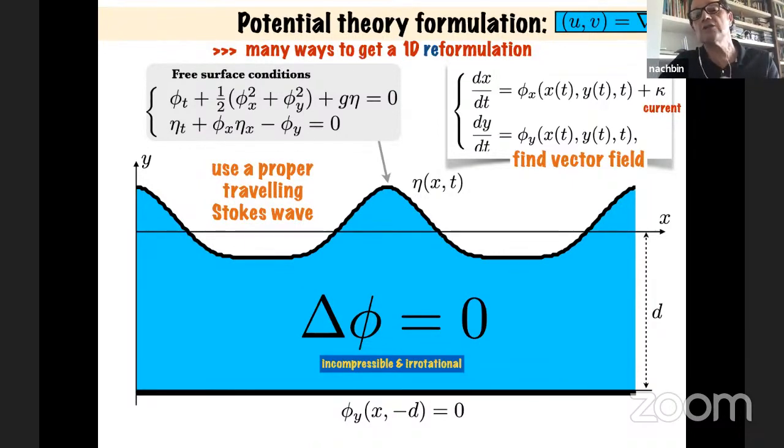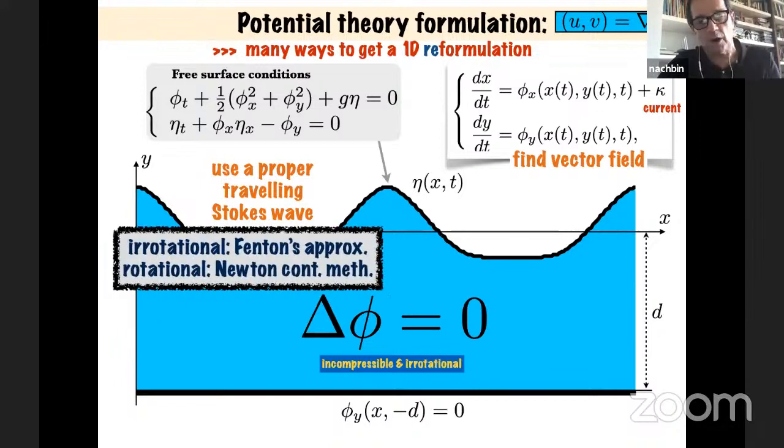And we need to find the vector field for the submarine dynamical system, which depends, of course, on the gradient of the potential. So we somehow have to solve this problem, but we don't want to solve it everywhere, and we can use many known tricks from potential theory.